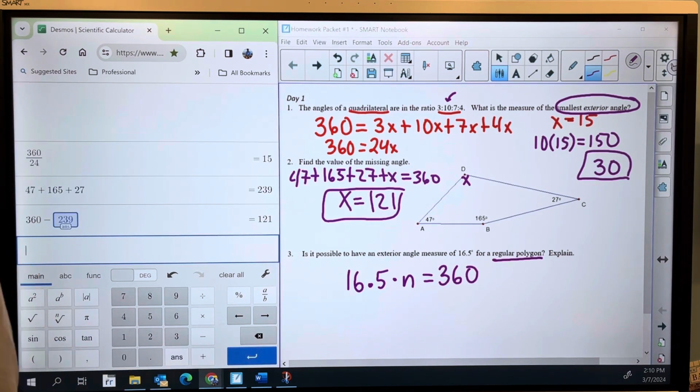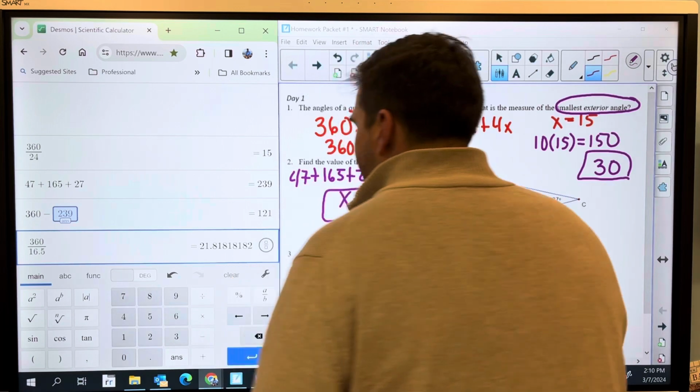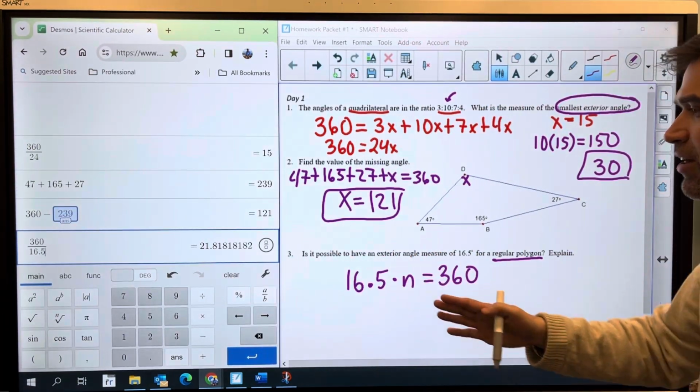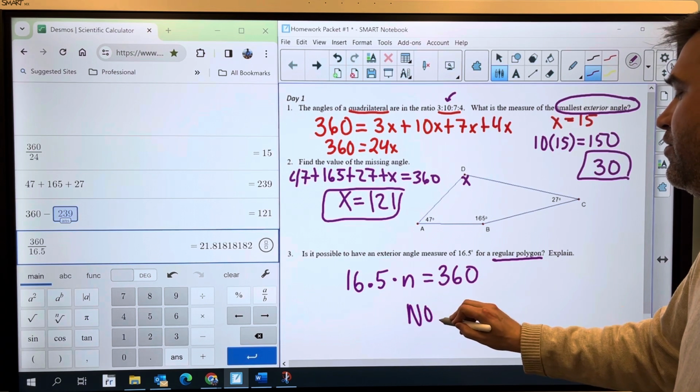And so I'm going to see if I can divide 360 by 16.5, and I can, but it's not even, so that means that I cannot have a regular polygon with 21.8 sides. So the answer is no.